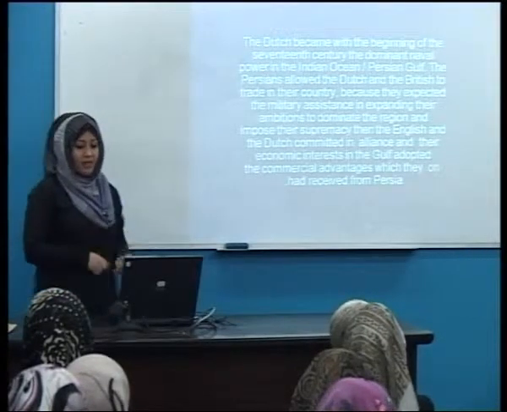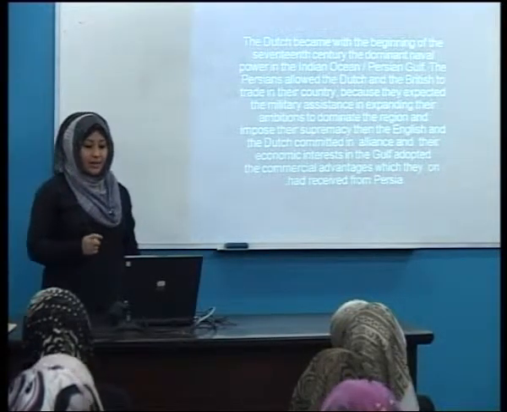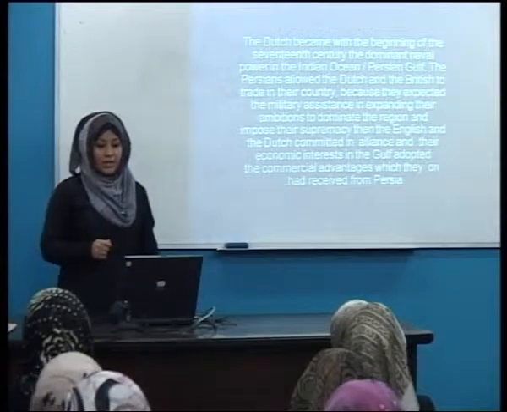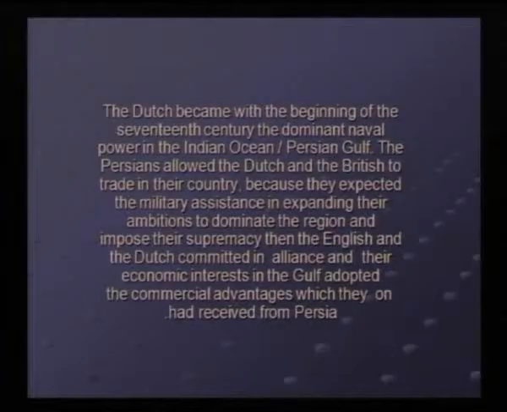With the beginning of the 17th century, the Dutch became the dominant naval power in the Indian Ocean. The Belgians allowed the Dutch and the British to trade in their country, and their assistance helped them expand their efforts to dominate the region and impose their supremacy over the English.